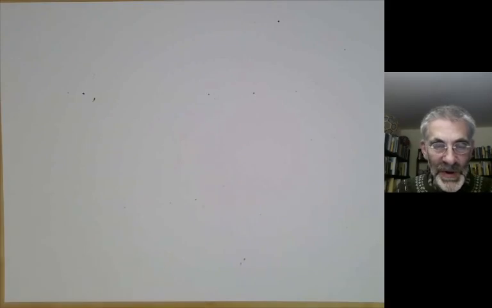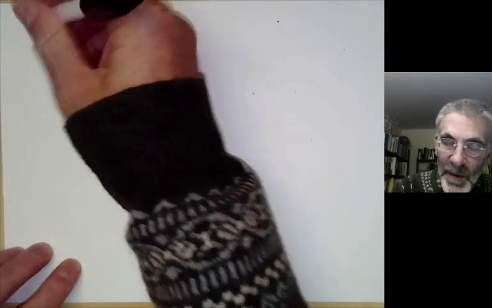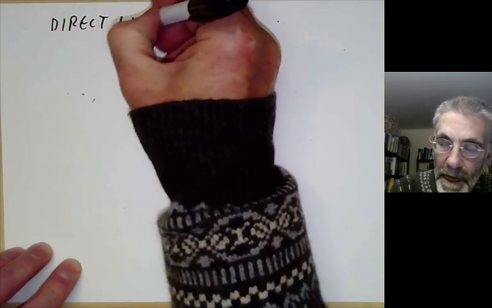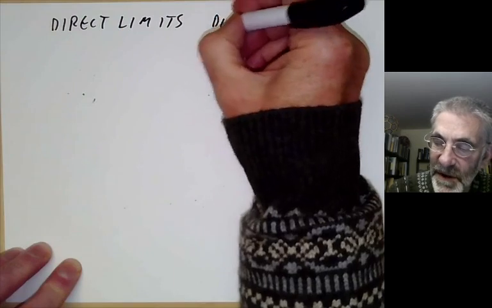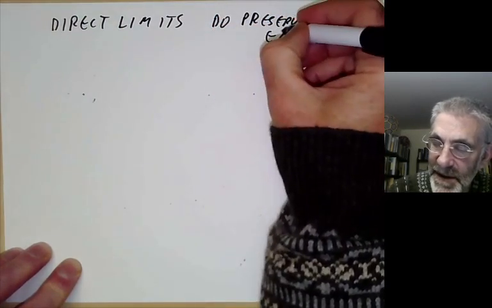Although they don't always preserve exact sequences, colimits quite often do. So what we're going to do is to show that direct limits do preserve exactness.